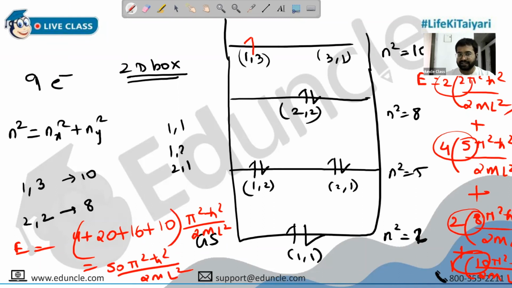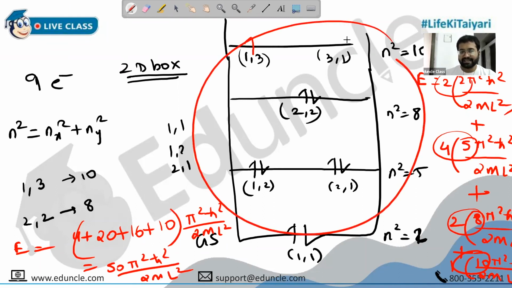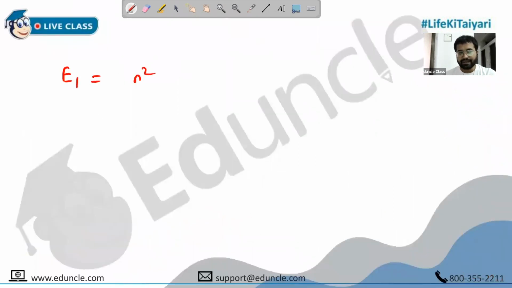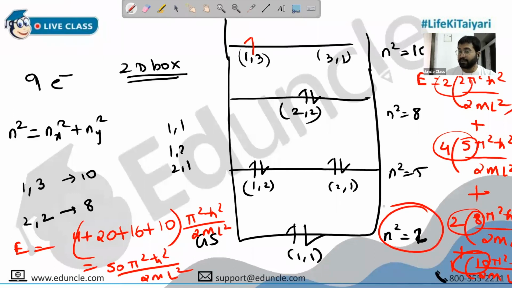This is the total energy, the minimum possible energy that the system can have. But what is the ground state energy? That's n square pi square h square upon 2 m l square. But remember, for the ground state, the value of n square is 2 this time.